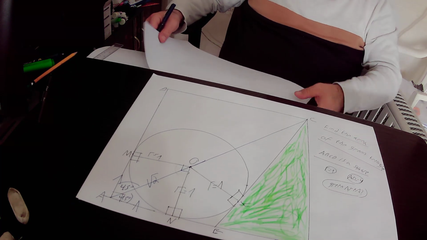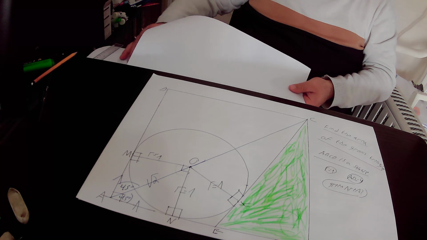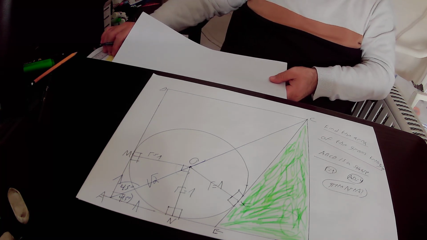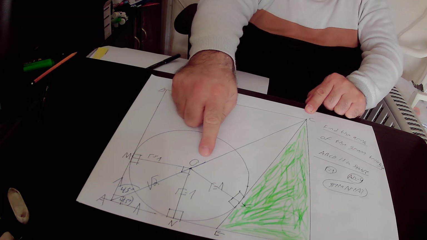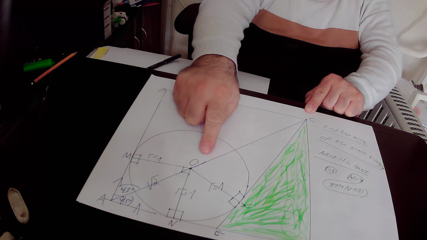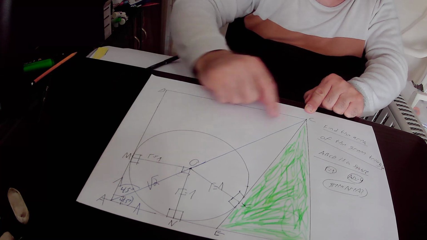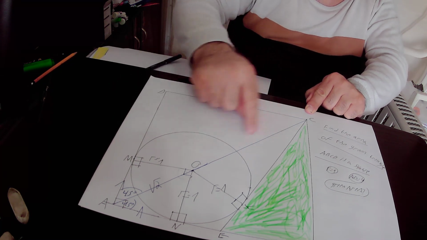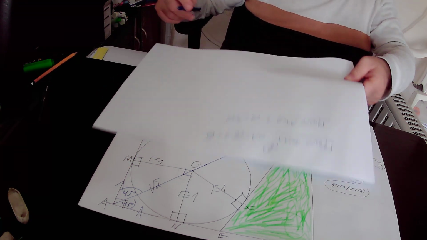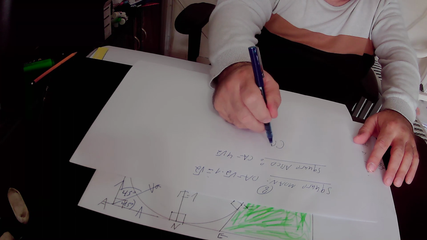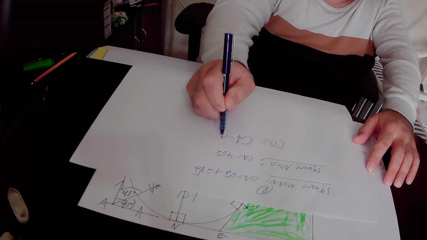Here, the length of CO will be equal to CA minus OA. Again, CO equals CA minus OA. So I write it down. CO equals CA minus OA.